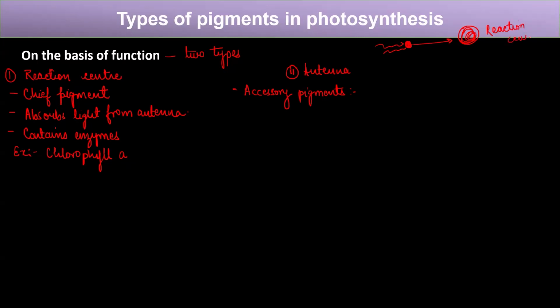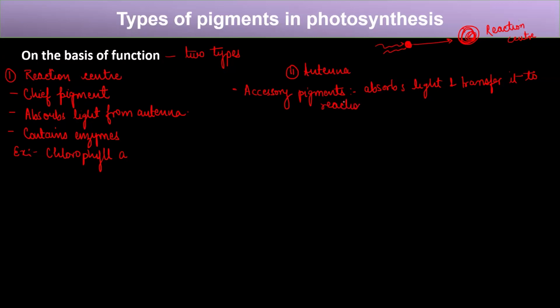Because it is helping the reaction center, these pigments are known as accessory pigments. So let's write: accessory pigments are the pigments that absorb light and transfer it to the reaction center.